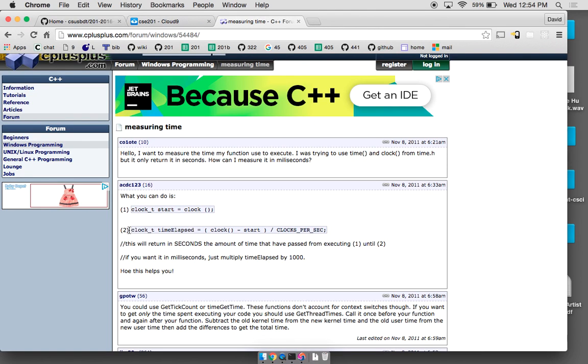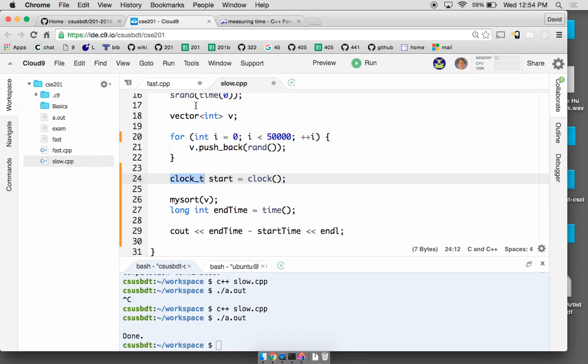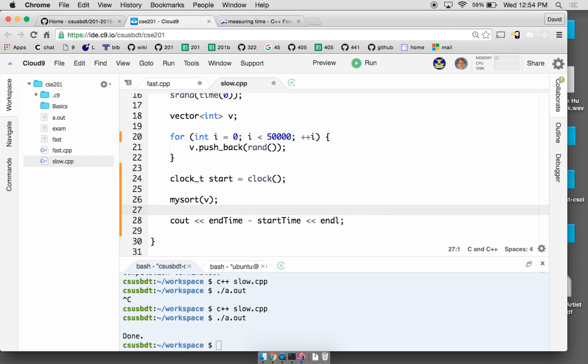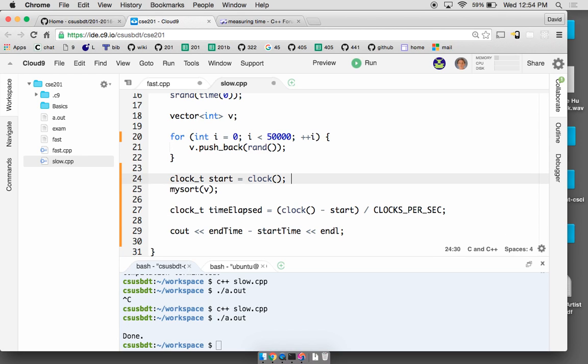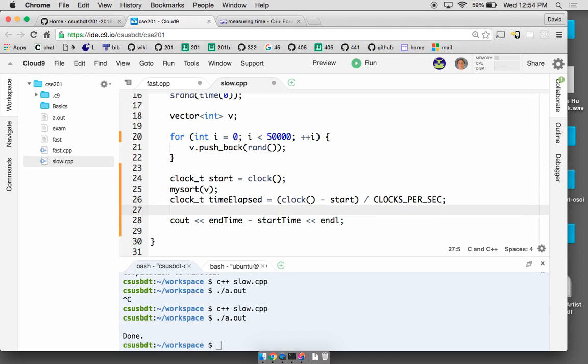And then the elapsed time is a value of type clock_t. So we have start. We call clock again. We subtract the start time, which we saved here. And then we divide by clocks per second. So it's clock ticks per second. That gives us a value in seconds.